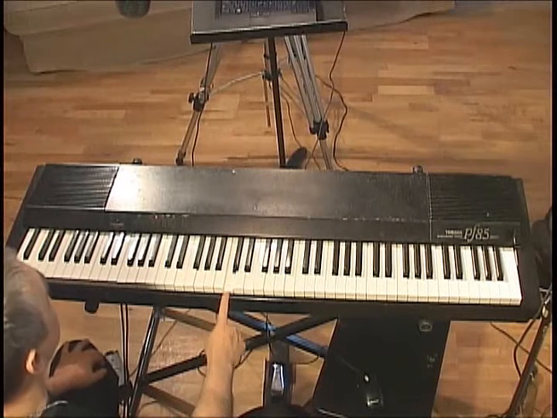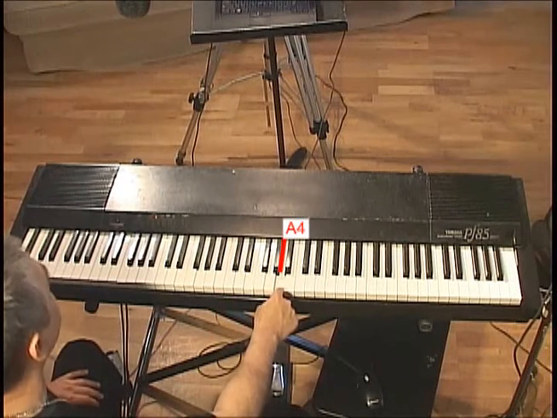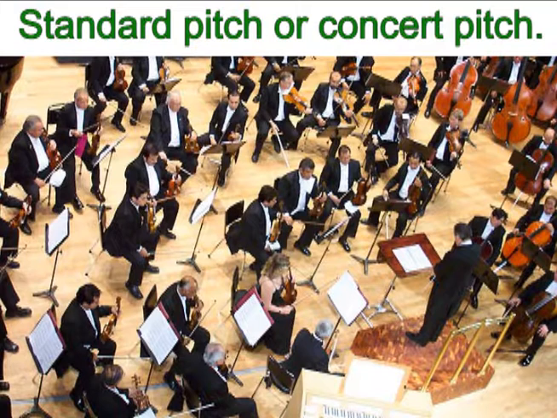In the U.S. and the United Kingdom, this A is the standard pitch used for tuning musical instruments. It is also known as concert pitch and is sounded by an orchestra director before a concert to allow all the instruments to tune together.